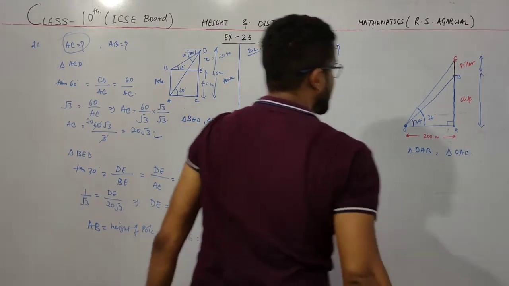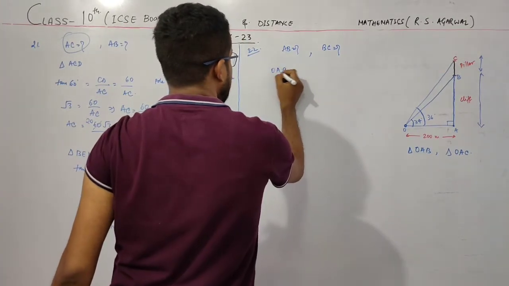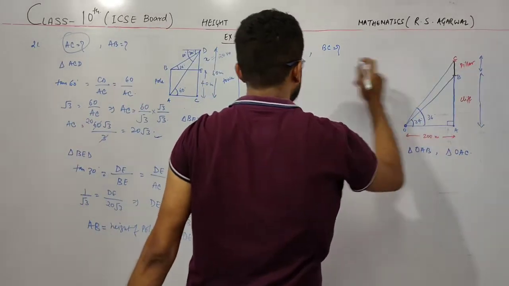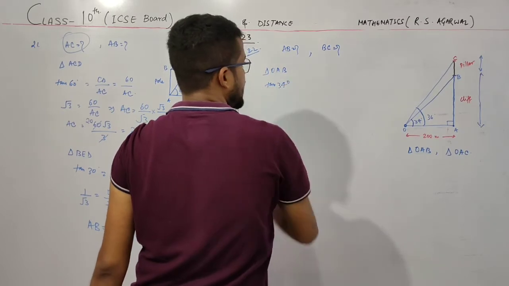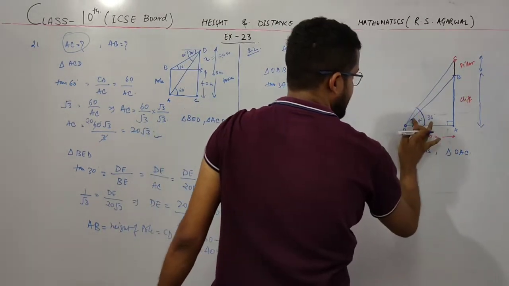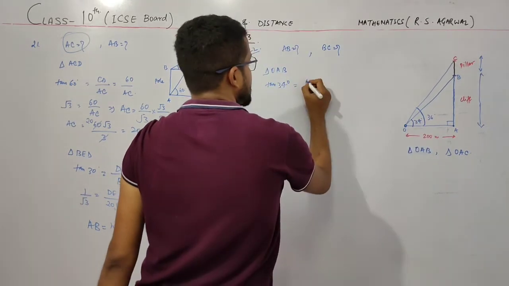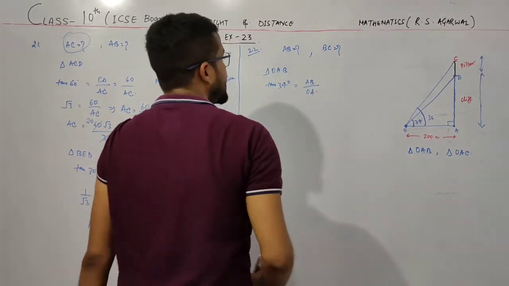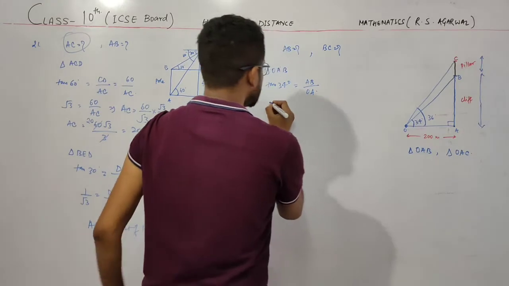Firstly I use OAB. The angle of elevation is 34 degrees, so tan 34 degrees is AB upon OA, and tan 34 degrees is 0.6745.